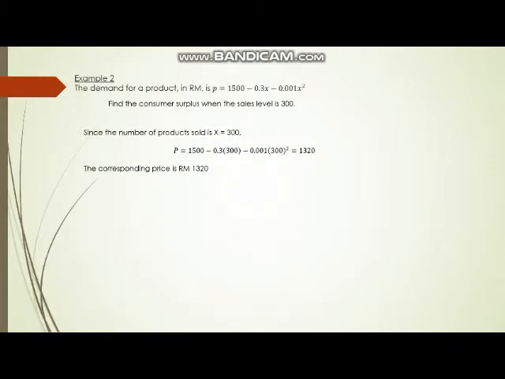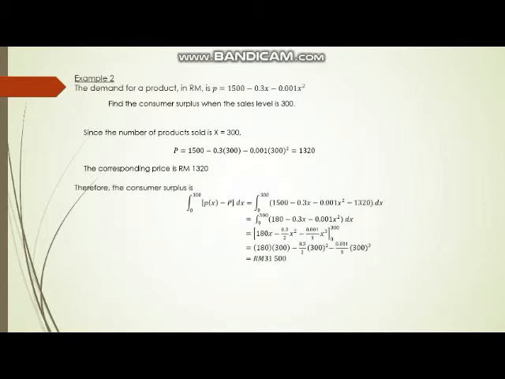Since the number of products sold is x equals 300, substitute x equals 300 into the equation, and we obtain that P equals 1,320. The corresponding price is 1,320 ringgit. Therefore, the consumer surplus is the integral of P(x) minus P. The lower and upper bounds of integration are 0 and 300.